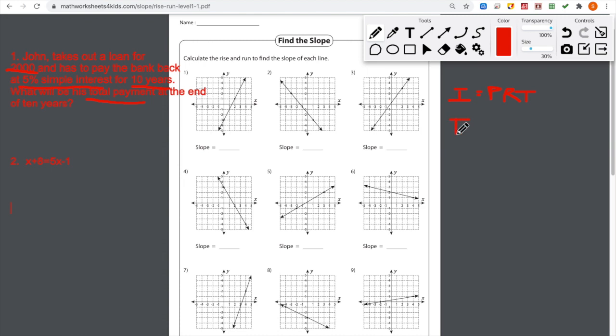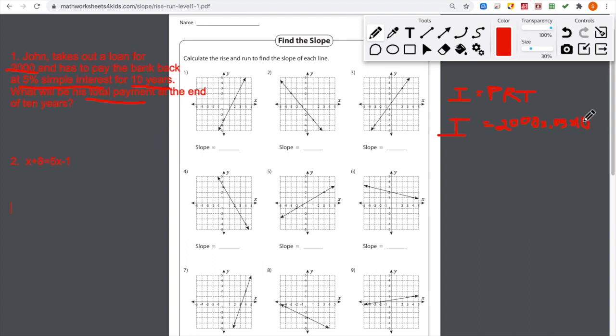The interest will equal 2,000. And so we know it's 5%, but we have to change that to a decimal, so times 0.05 times 10. And it's okay if we use our calculator for this.